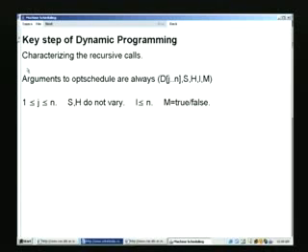So we have a reasonably good characterization of all the recursive calls that could get made in our recursive algorithm. The characterization says that these are the arguments which are going to be passed, and each argument can vary in this manner or not vary at all.